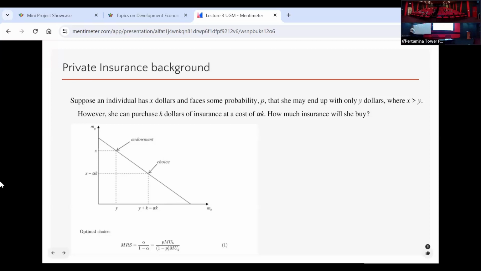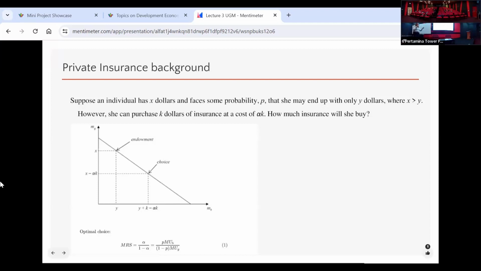So in the good state, if nothing happens, I don't have X, I have X minus alpha K, correct? But if something bad happens, I have Y plus K, because that's the size of the insurance, minus alpha K. So I'm relatively covered, okay? So look at this line: money in the bad state, money in the good state.